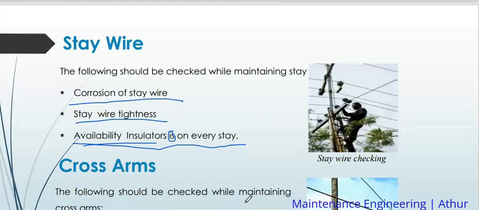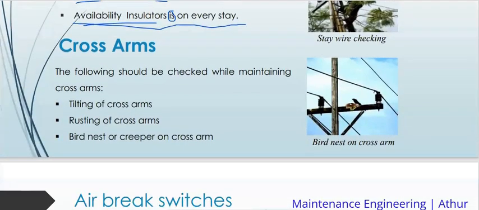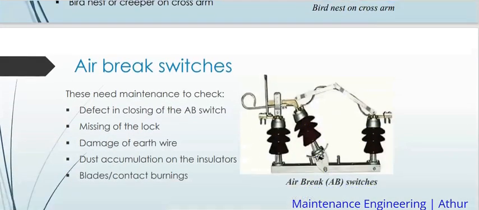So availability of insulators on every stay should be checked. Cross arms, I talked about cross arms. These are the metals. So tilting of cross arms, rusting of cross arms, bad vests, all those are things they do in maintenance.